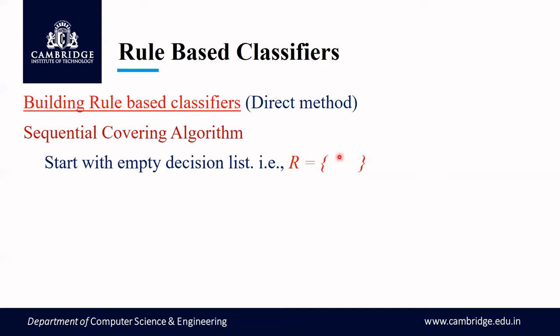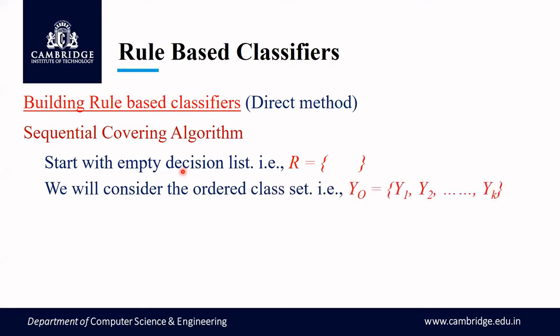Now I'll begin with the empty rule set. Then I will have class labels listed in some order. Say, consider vote only, frequency only. Based on the frequency, I have listed my classes that are present. So okay, I am starting with the empty rule set.